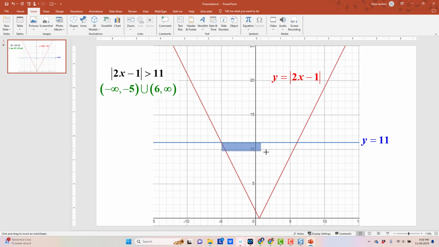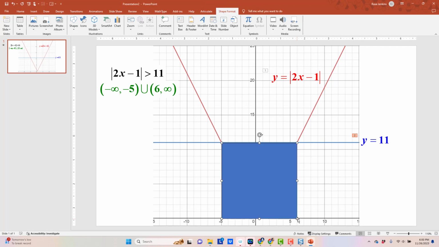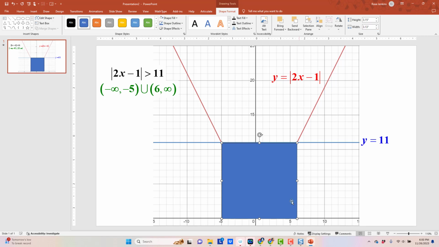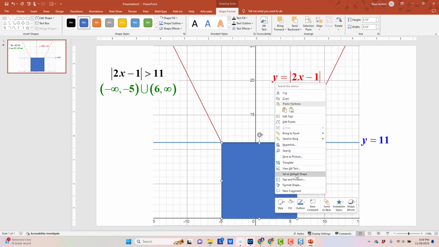I'm going to try to outline it, right? This is this portion of the graph from -5 to +6. This portion that I have highlighted here falls below 11, okay? It's less than 11. Notice, I'm going to fade this out a little bit.